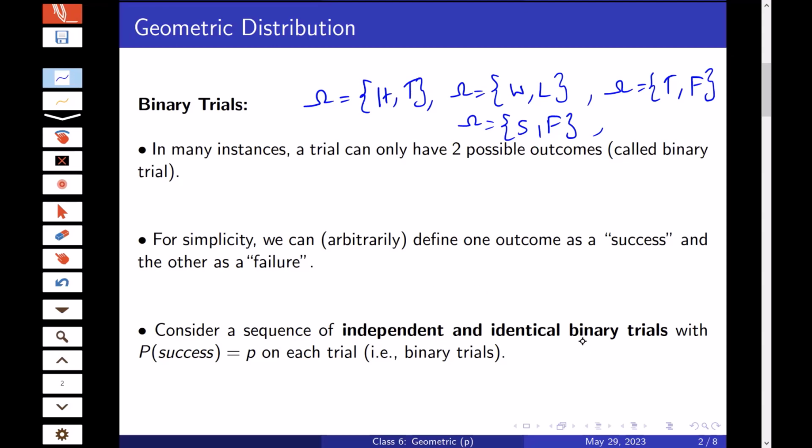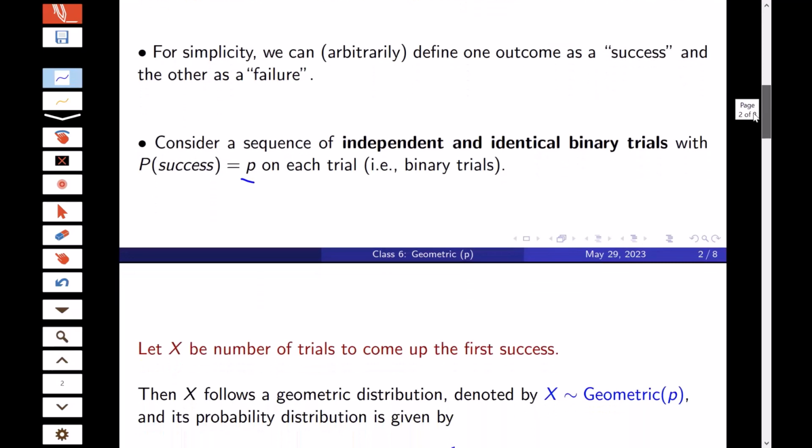That means we are going to do this several times, but each time is independent of each other. And the probability of getting success is p. So if we are tossing a coin and our interest is getting head, the probability of getting head is going to be our probability p. And this can be any probability value between 0 and 1.